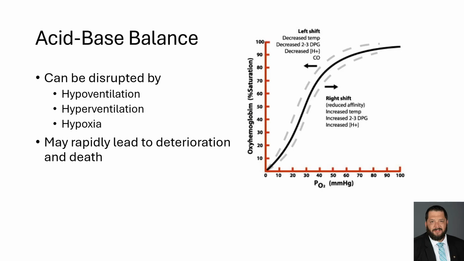The image that you see here on the screen is an image of the oxyhemoglobin dissociation curve. And I know that sounds like a lot of words hard together, but we'll break them down just a little bit. Oxyhemoglobin, so when oxygen is bound to hemoglobin, and when it dissociates or removes itself from the hemoglobin molecule. If you'll remember, external respiration is oxygen being onloaded at the pulmonary capillaries onto hemoglobin.